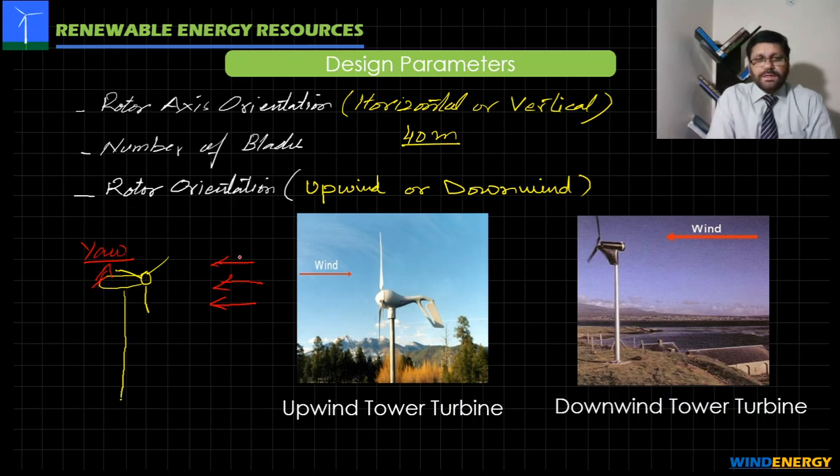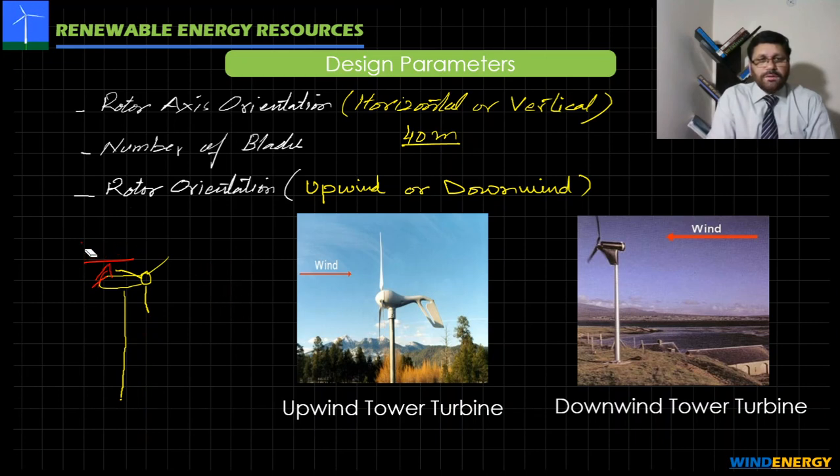So we know that the direction of the wind is changing all the time. So to keep the rotor of the turbine in line with the direction of the wind, you need to have an extra mechanism, extra profile attached like here, so that it is in line with the direction of the wind. So this is upwind wind turbine.